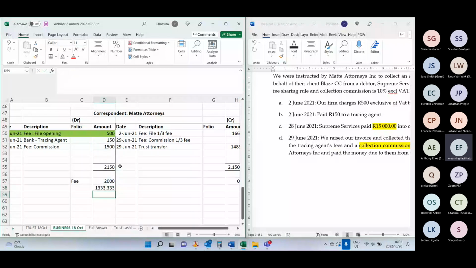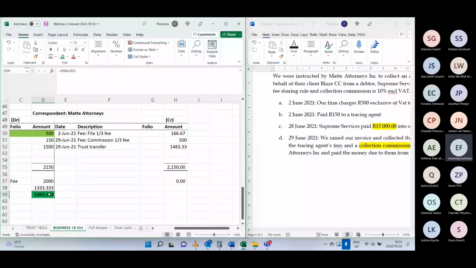But remember, we also paid for the tracing agent. So what we are collecting in full, this is how you compare your balancing figures. If you can check, this is what we are taking, our fee, which is 2/3, what we've paid to the tracing agent, and then it gives us this amount of 1483.